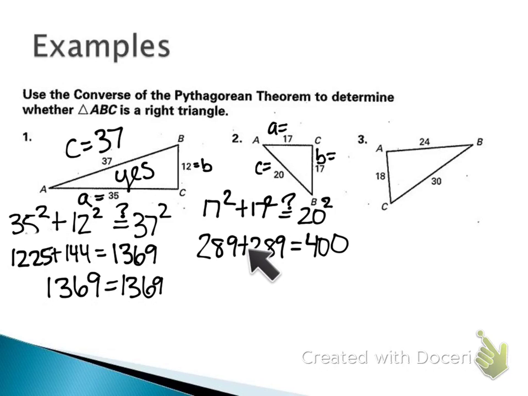If we add 289 and 289, will that be 400? No. On a problem like this, if you get to this part, you don't have to add those two together. If you have enough number sense to understand that 289 and 289 is not going to be 400, you can just put no. If you're not sure, you can go ahead and add those together. So you better be awfully sure of yourself if you stop at this point.